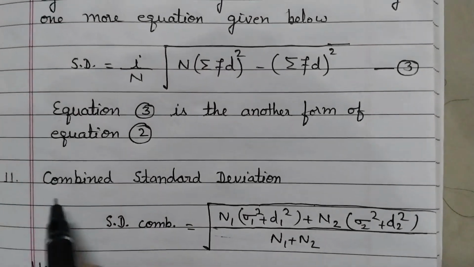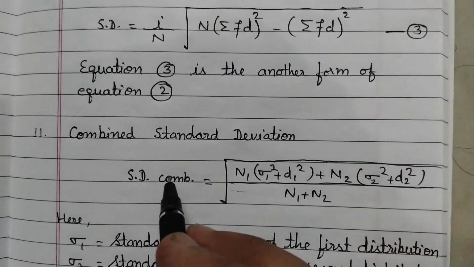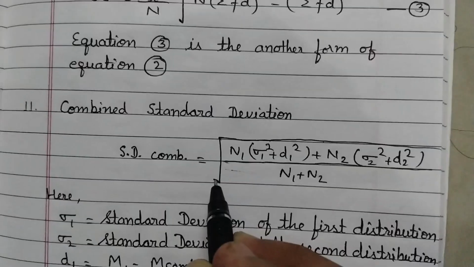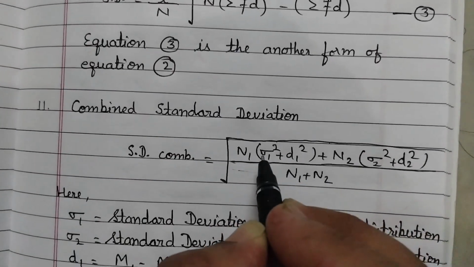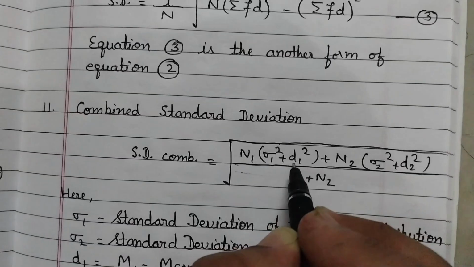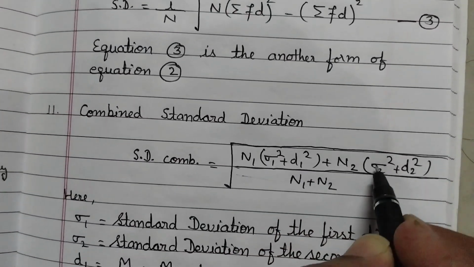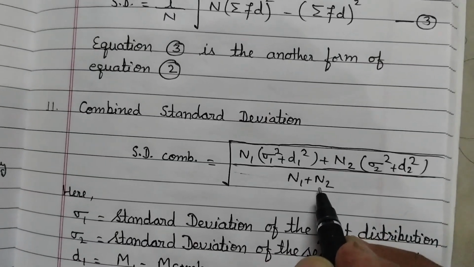Now formula 11, combined standard deviation. Combined standard deviation, represented by SD combined, is equal to under root n1 within bracket sigma 1 square plus d1 square plus n2 within bracket sigma 2 square plus d2 square divided by n1 plus n2.